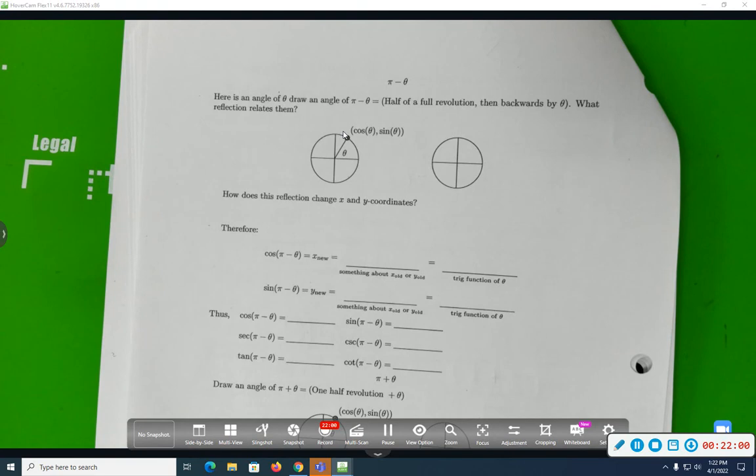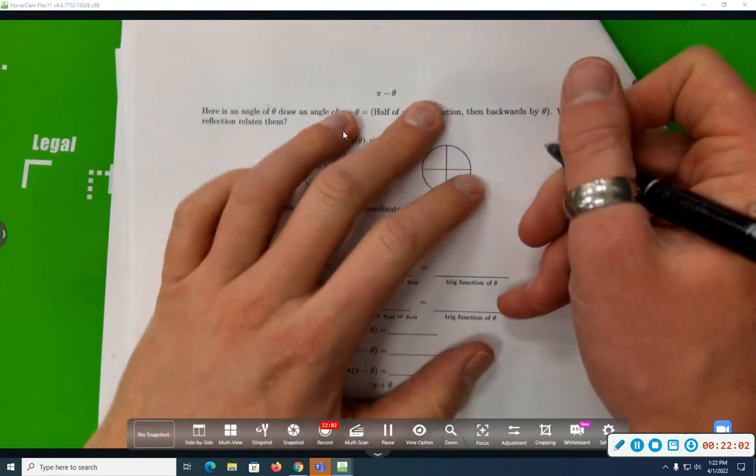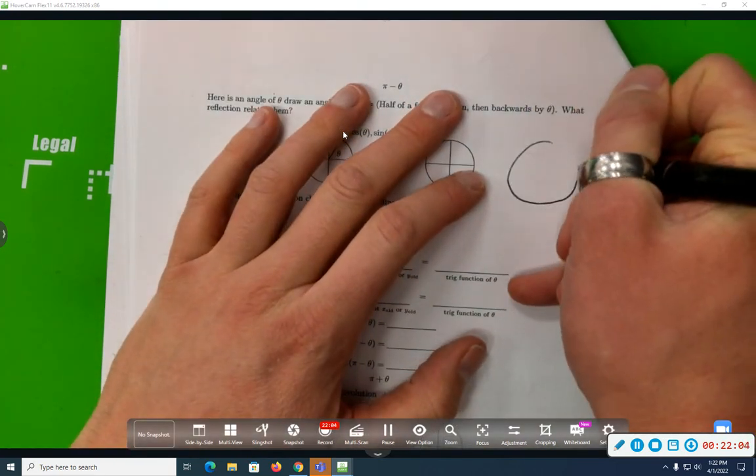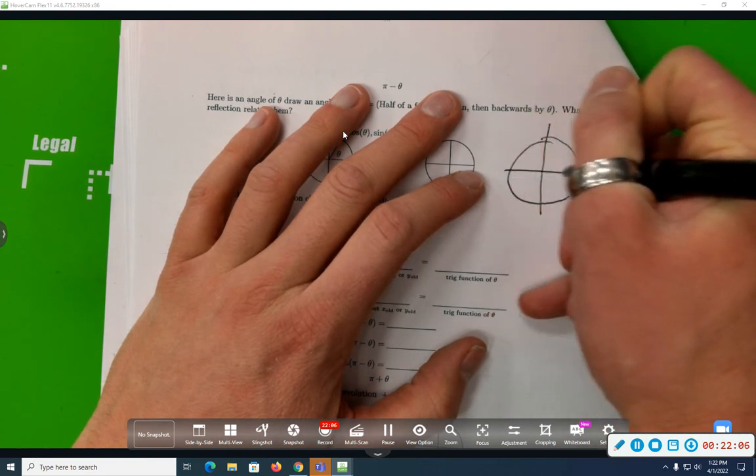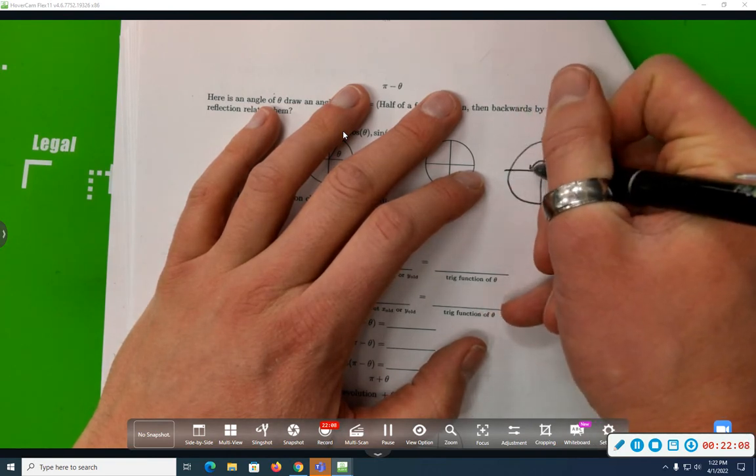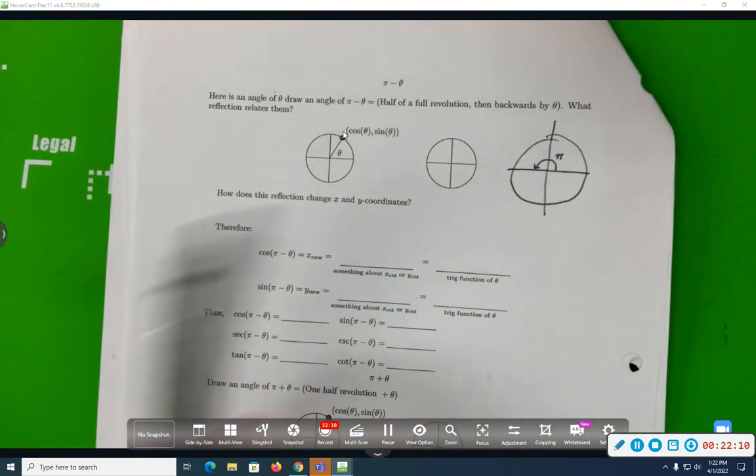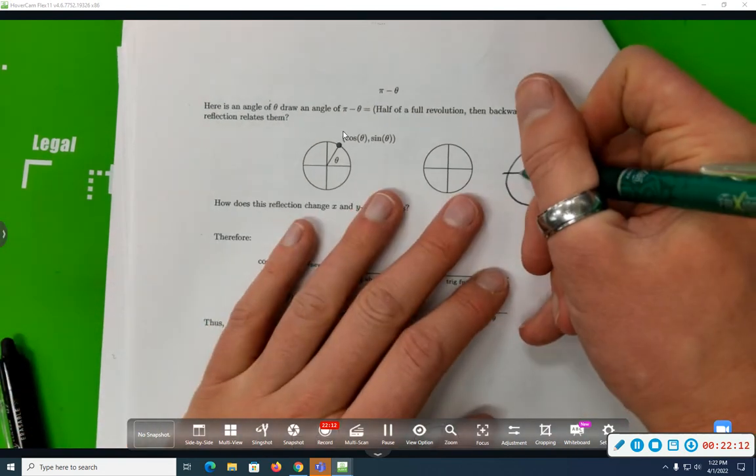I think I'm going to want this picture to be nice and clean, so I'll draw a vaguely scratchy picture here. So go forward by an angle of pi. Now I go backwards by an angle of theta.